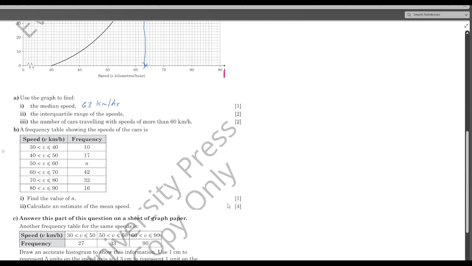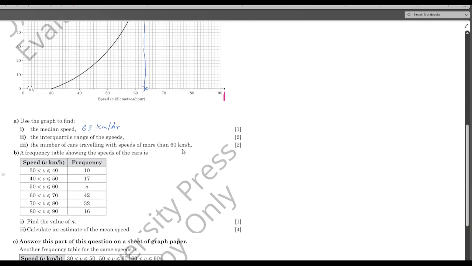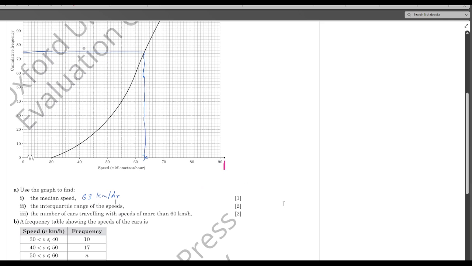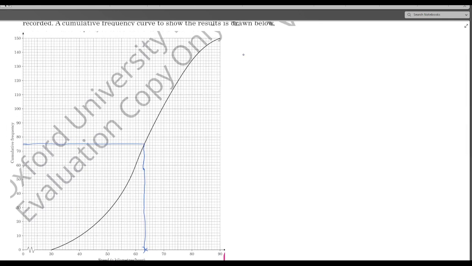Now second is the interquartile range. You can do this problem yourself, as we have done the same kind of problem a few minutes before. For the interquartile range, I need Q1 and Q3. Your Q3 will be the 3 divided by 4th value of this 150.